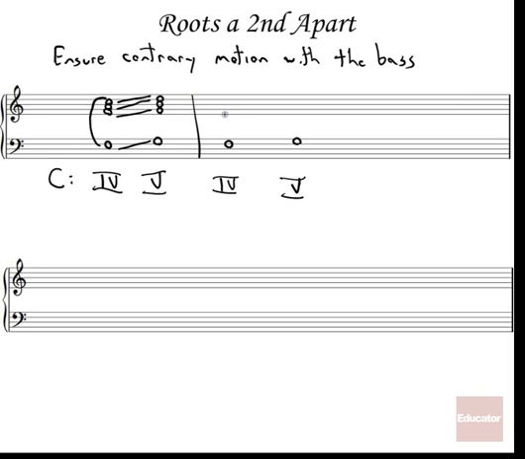So let's write this same arrangement, F, A, C. What will happen is the F, in this case, can move down to the D, and then the A can move down and double the root G, and then C gives us the leading tone B. Let's do that one more time with a different arrangement of the F chord.